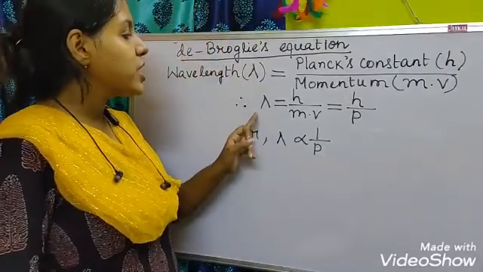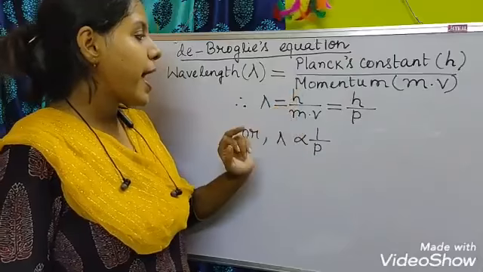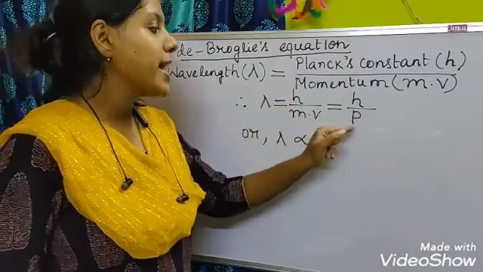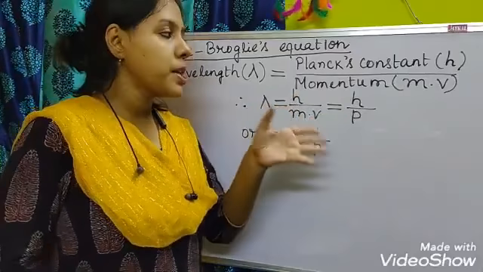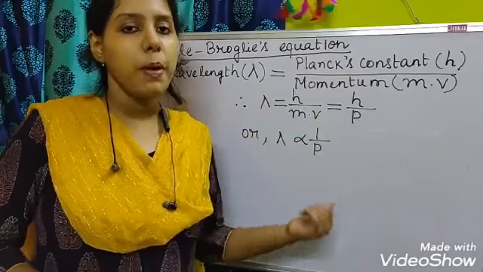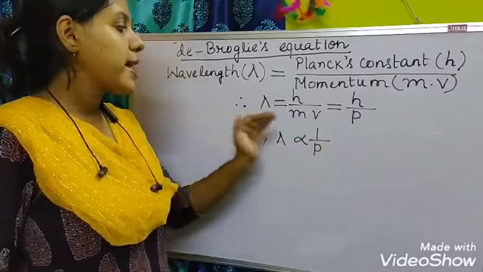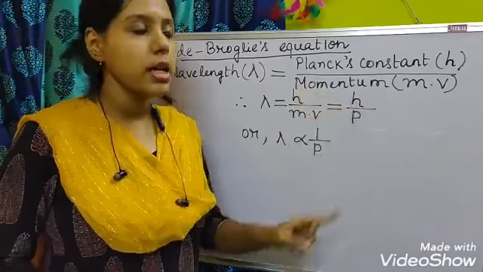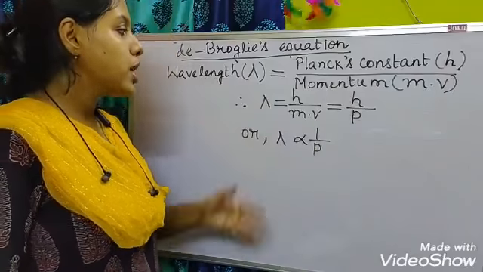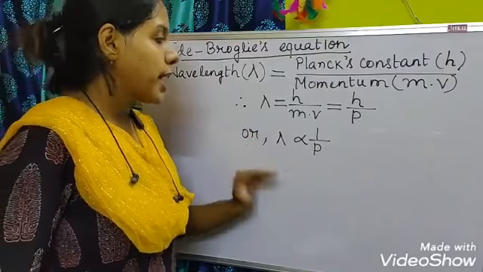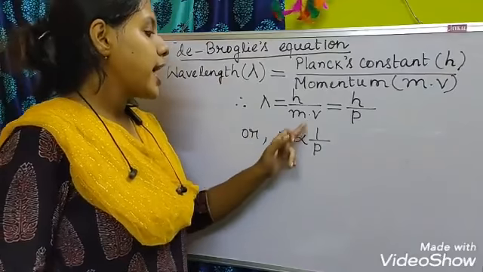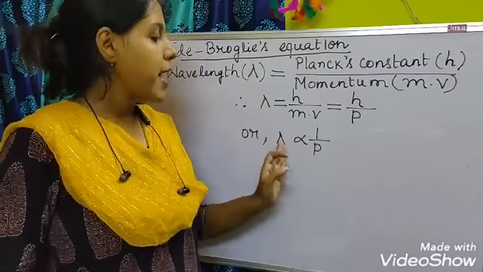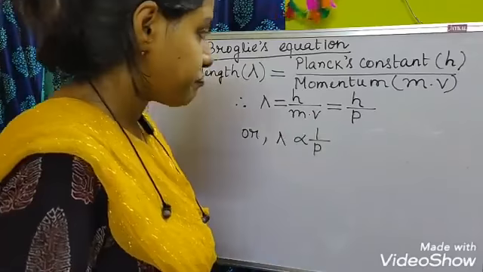So lambda is equal to h by m into v, or lambda is equal to h by p, where p is the symbol we use in place of momentum. As h is a constant, we can conclude that lambda is inversely proportional to momentum.